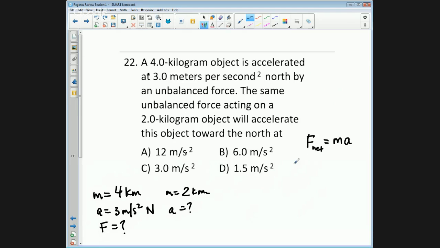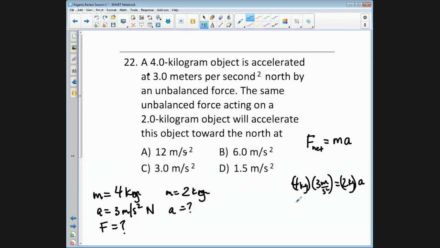They're the same force actually. So this mass times acceleration should equal this mass times acceleration here. So it's going to be 4 kilograms times 3 meters per second squared equals 2 kilograms times the acceleration.